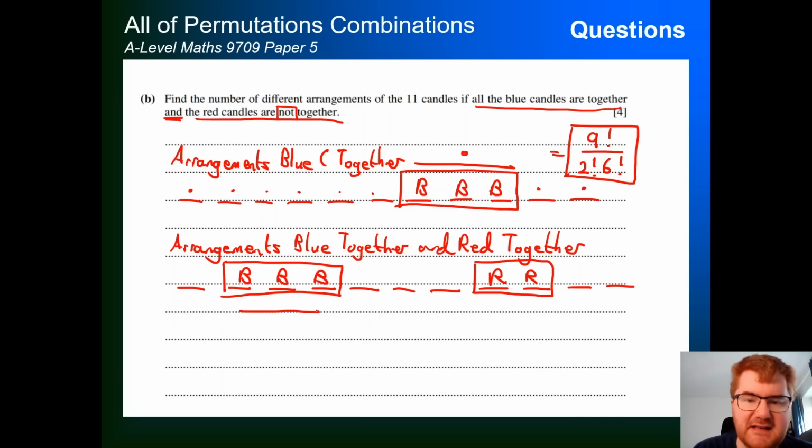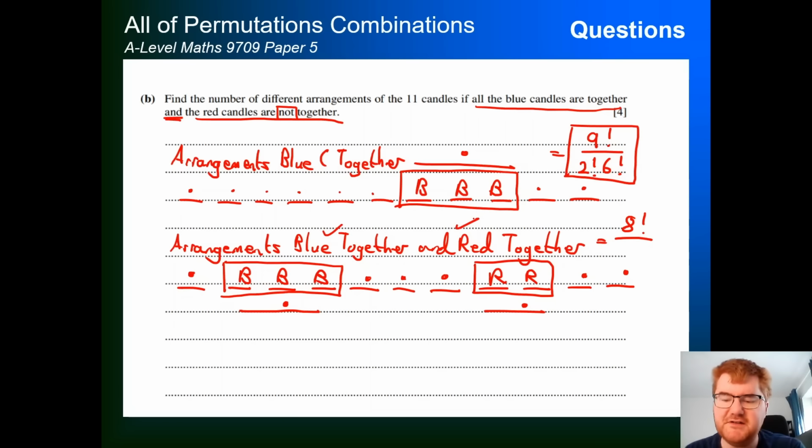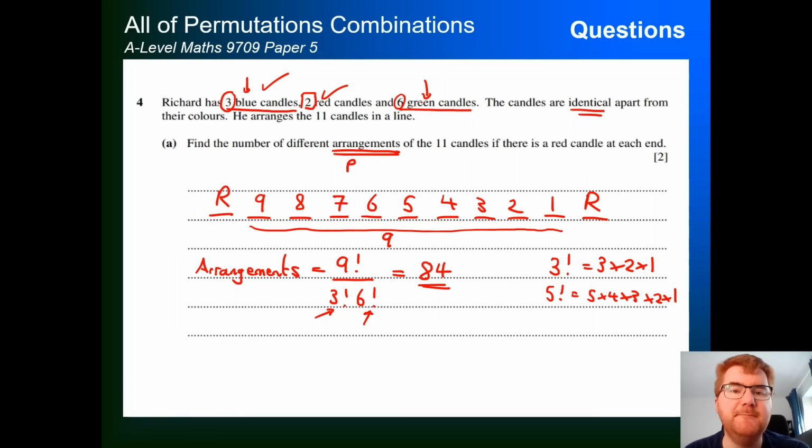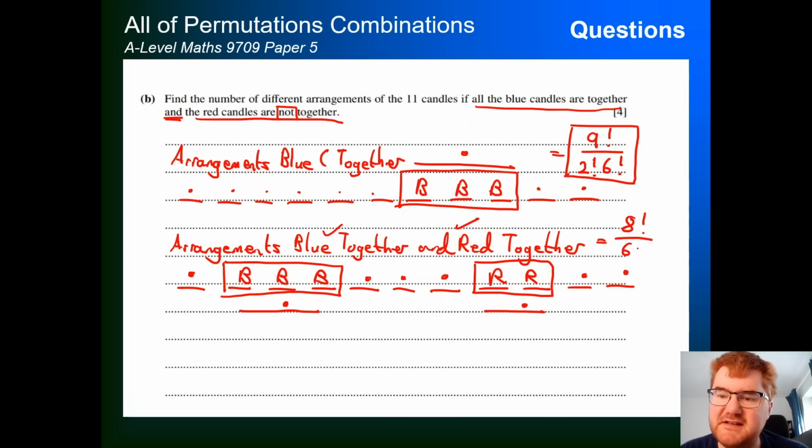So let's see how many slots we have now. We have 1, 2, 3, 4, 5, 6, 7, 8 slots. So this is going to be then 8 factorial, but we need to divide through by the repetitions. We've done the blue and red, so the only ones left here are green, so we need to divide through by 6 factorial.